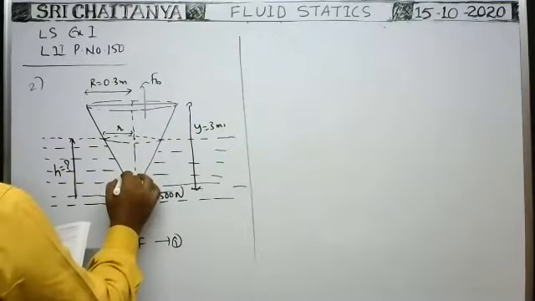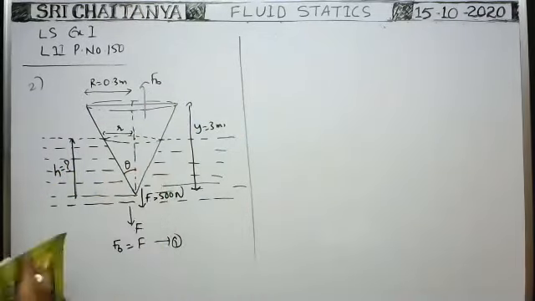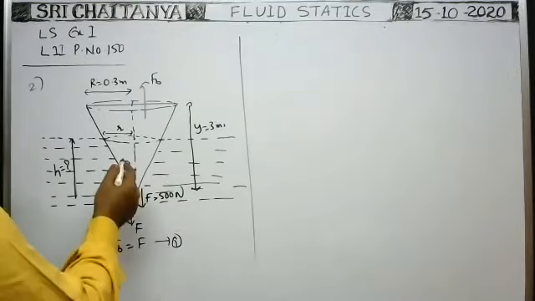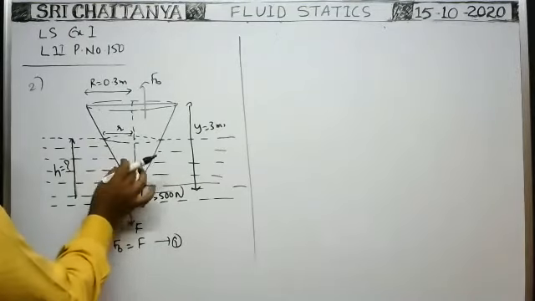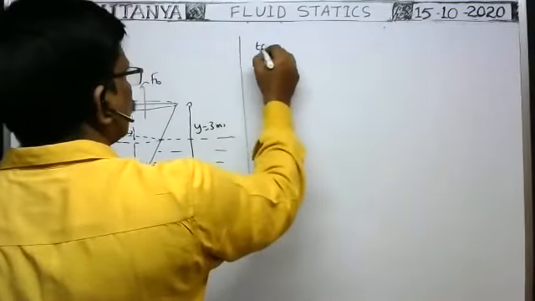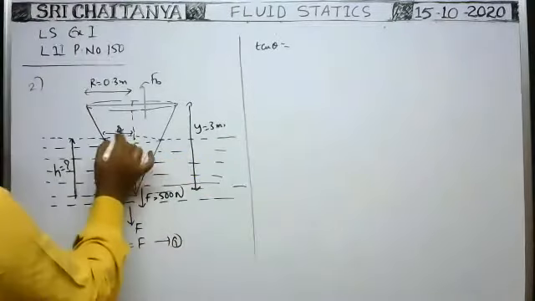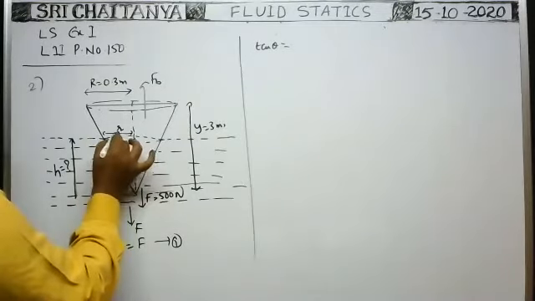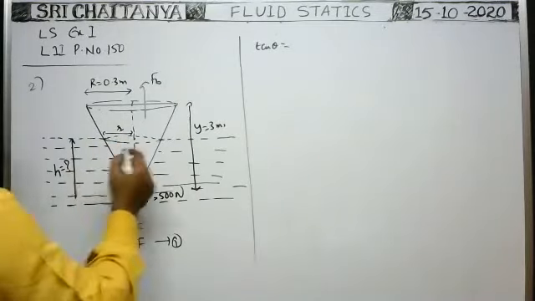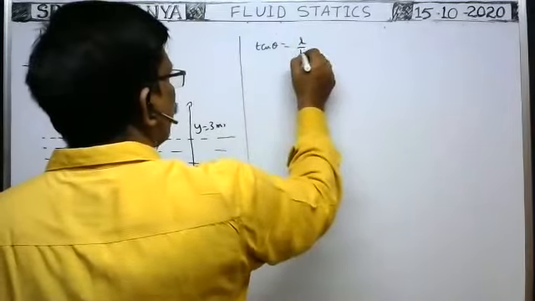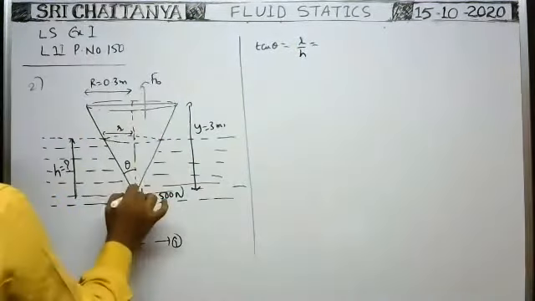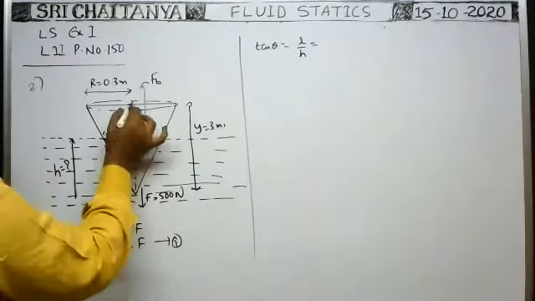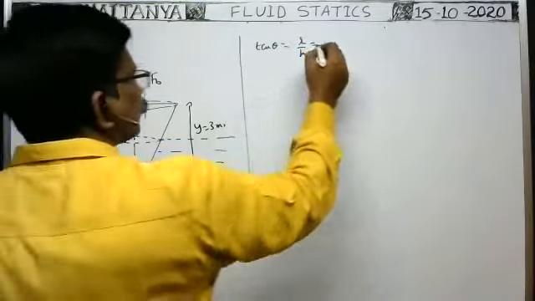Now you see, suppose this is angle theta, the semi-vertex angle of the cone. Then from the diagram, tan theta is equal to the opposite side in this triangle, small r, by small h. So small r by small h is equal to, in this triangle, tan theta is equal to capital R by y.